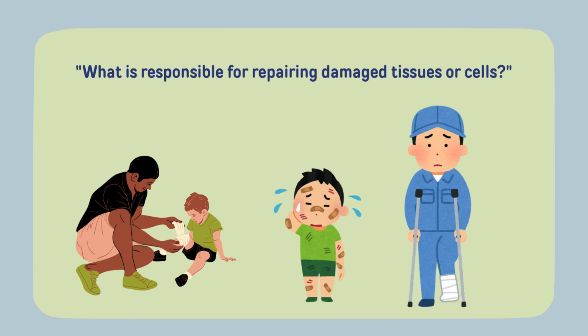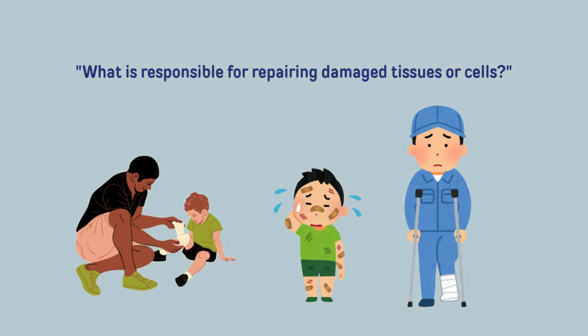How does this happen? The cells repair the damaged tissues or cells. So the cell is the main building unit in the living organism's body. It carries out the vital activities like respiration, growth, and other life processes. Also, it's responsible for repairing damaged tissues.